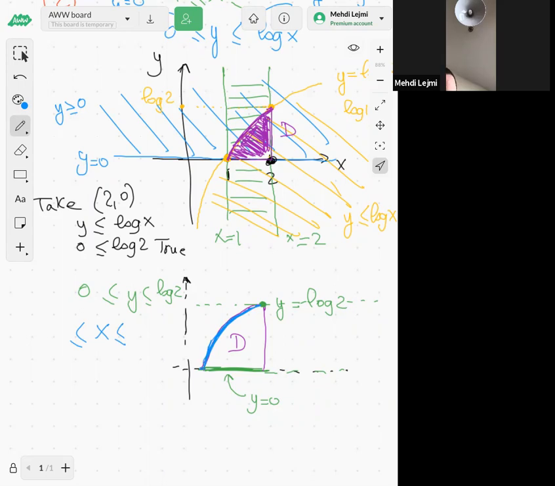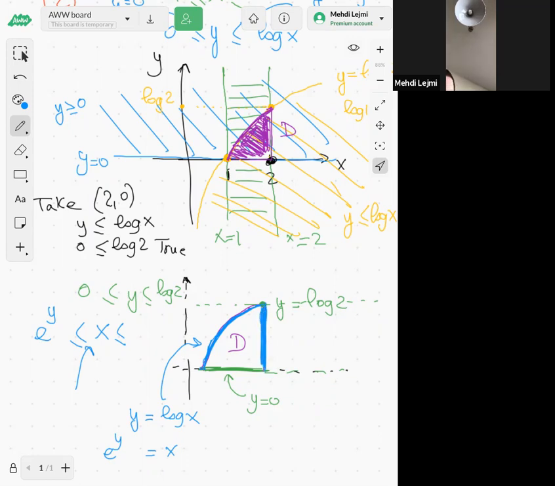What's the equation of this graph? Well, this is y equals log of x, right? But I need to find the bounds for x, so I need to solve for x. Then x would be equal to exponential of y. So here it's e to the y.